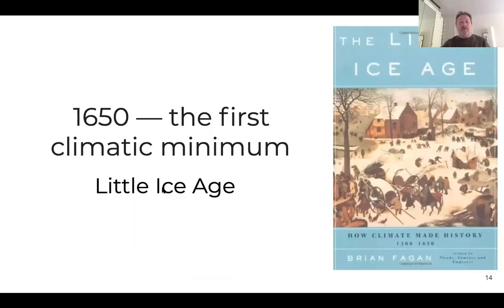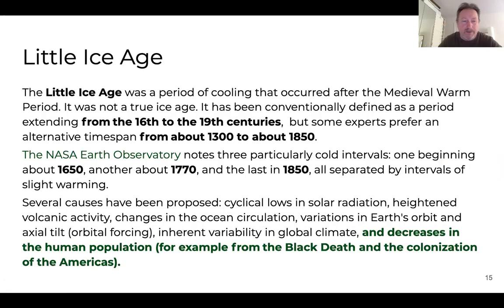So from warm to cold, this was the year of climatic minimum. That means the weather was the coldest. And this is the book which describes this period. The little ice age was a period of cooling that occurred after the medieval warm period. It was not a true ice age.